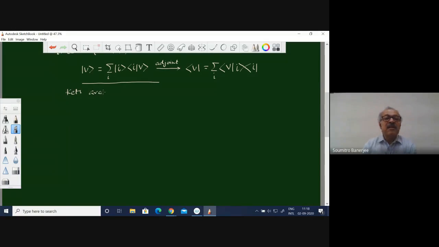Good. So we have understood so far that kets are column vectors and bras are row vectors. I have a column vector in our mind's eye, a set like this, and I have a vector like that.